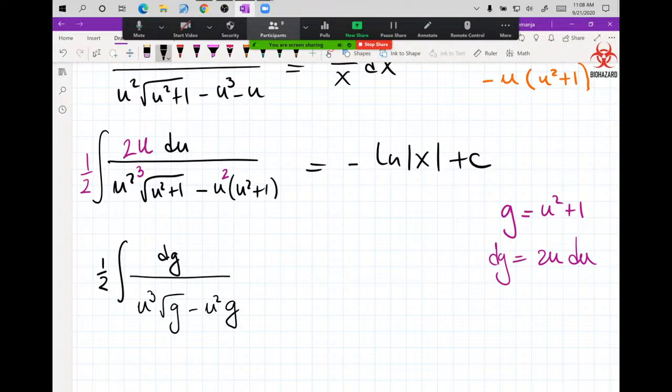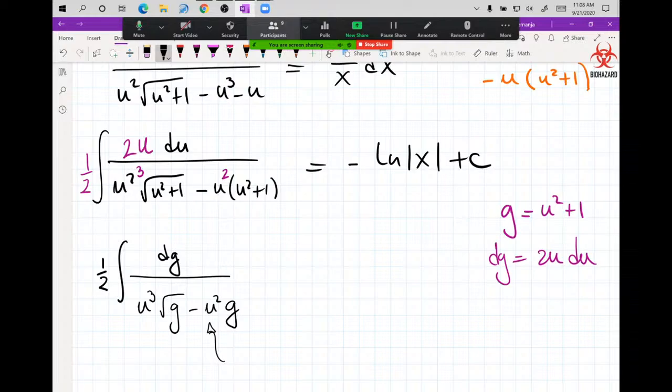And yeah, this is not going to work because now this u squared will have to be 1 minus g to go in there. And then what I'm going to go for a cube, right? Because u is going to be a square root of, yeah, this is really bad.